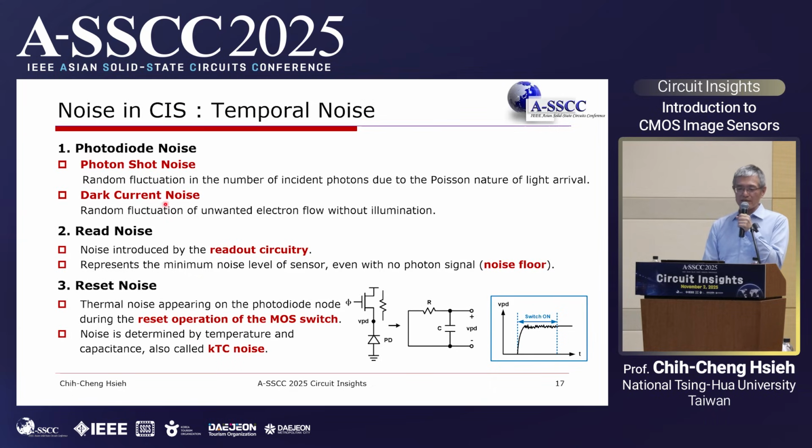And the other one is the dark current noise, which means that when there's no photon at all, under a completely dark environment, you still see some generated electrons. It comes from thermal generation, and some interface nonlinearity. So we need to take care of the dark current noise as well.